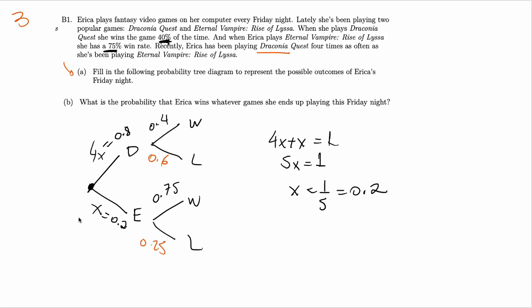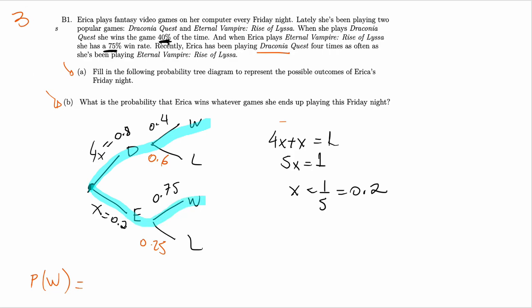Okay? Now the question B is this: what is the probability that Erica wins whatever games she ends up playing? So what's the probability of win? Whatever game, right? Well, if you know trees, the probability of some event is the paths that pass or go to your event, right?